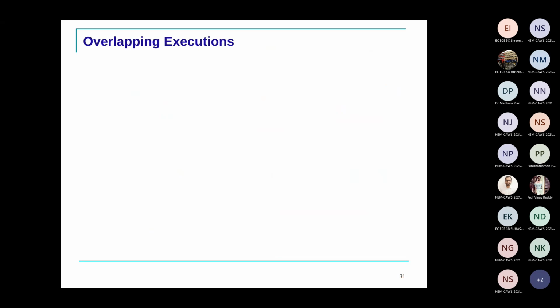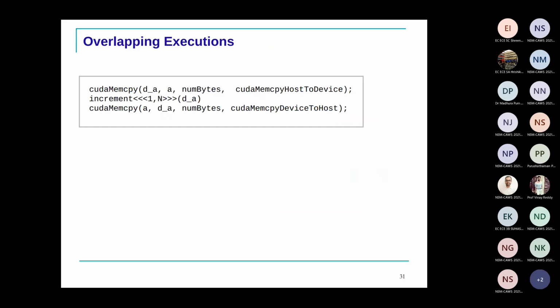Now the other optimization is to overlap the data transfers using the concept of streams. So let's just briefly try to wrap up. Okay, so this is a simple program. You write cudaMemcpy, you transfer the data, and then you perform, let's say, some computation on GPU, and then you transfer the data from GPU to CPU.